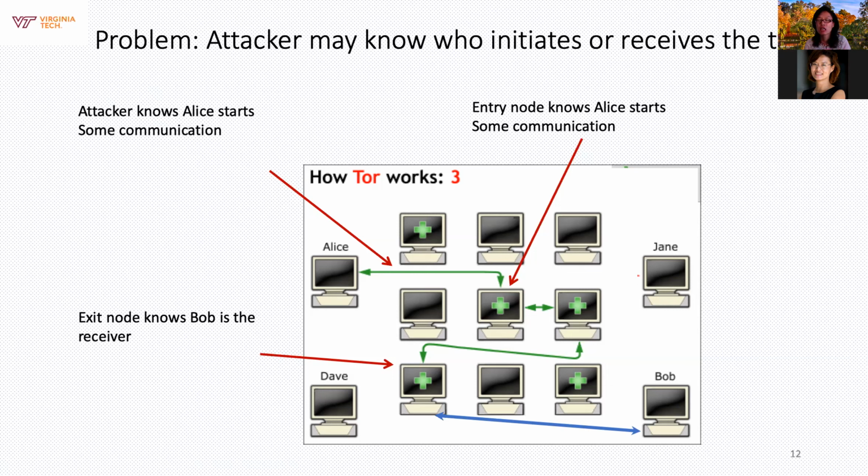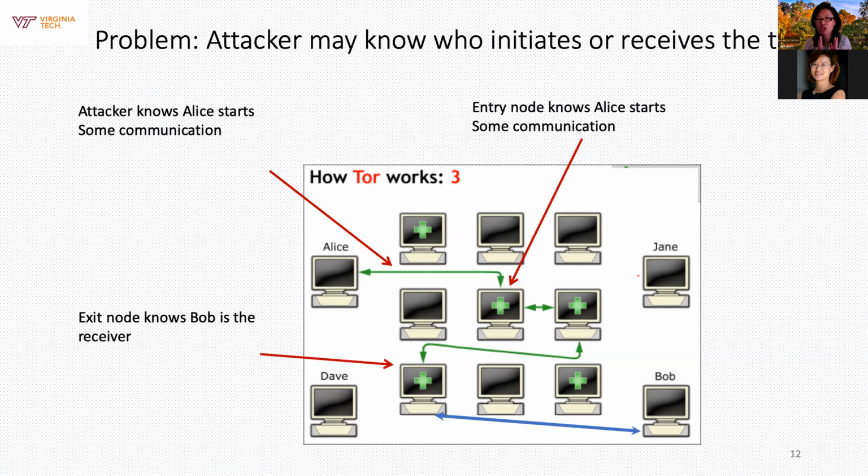And in particular, the entry node also knows that Alice starts some communication. And so the problem is that if Alice only uses the Tor onion network when she needs it, of course people would be able to guess something, okay? You don't want to show your intention of doing onion routing.